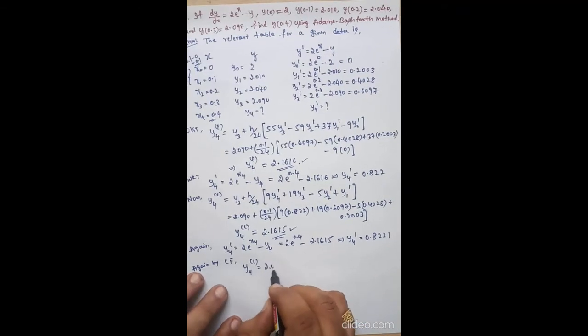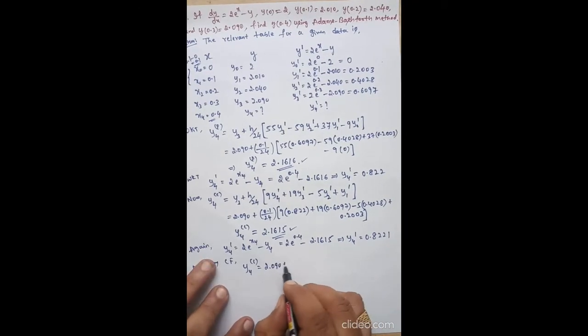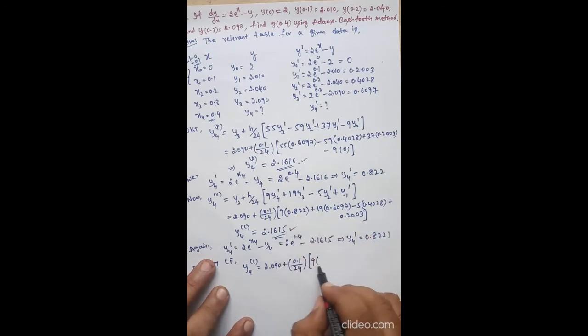So let us repeat now. It is 2.090 plus 0.1 by 24 into this is 9. Now the new value is 0.8221 plus 19 into 0.6097 minus 5 into 0.4028 plus 0.2003.